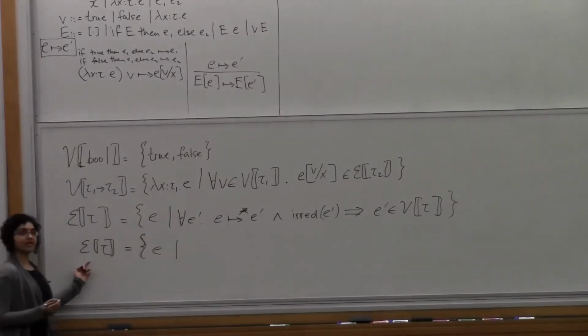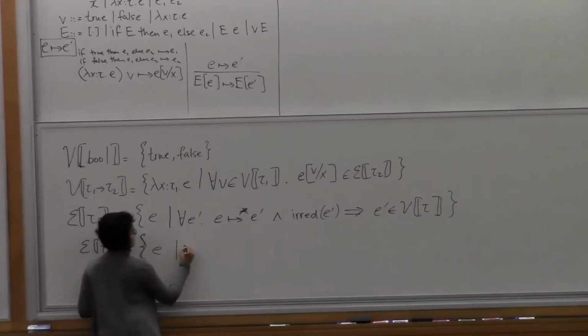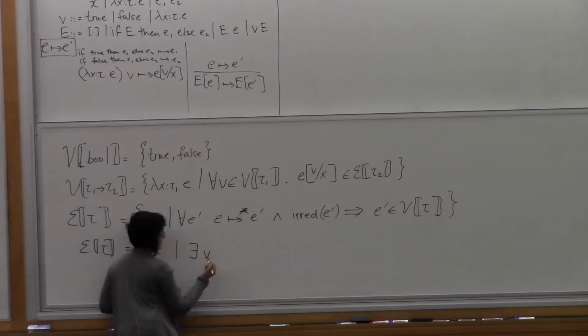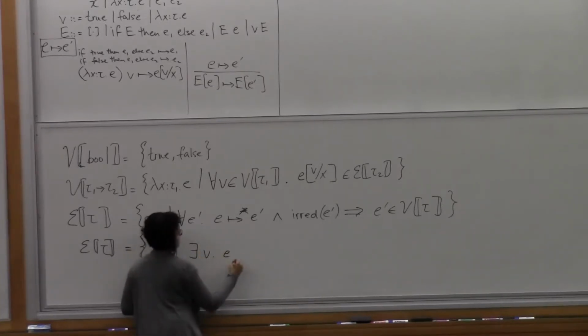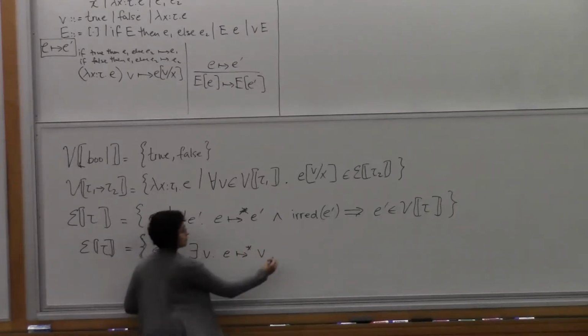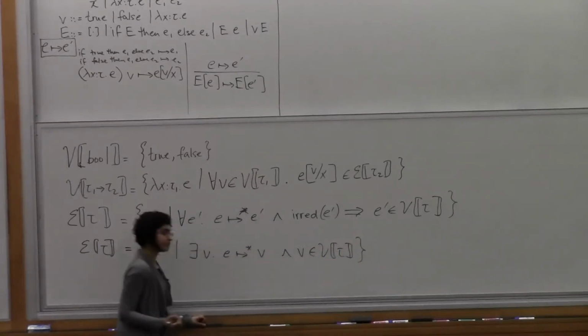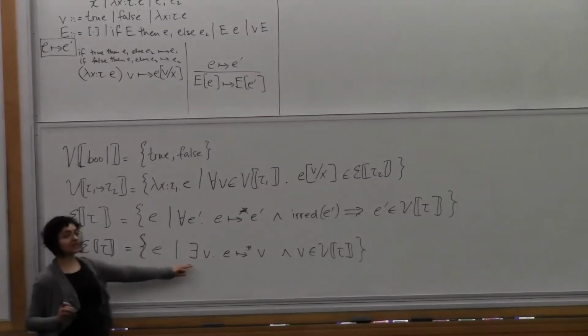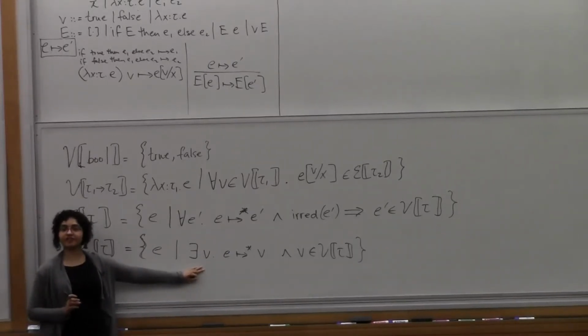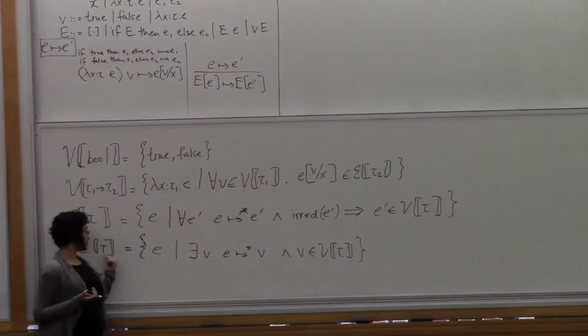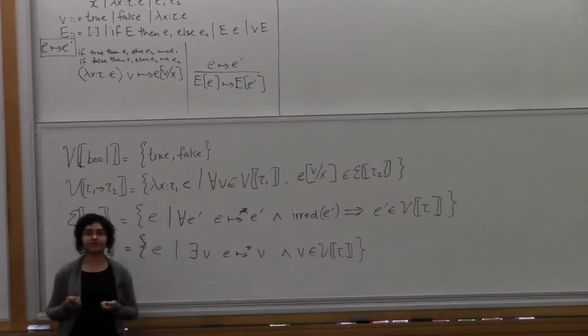Any expression E behaves like it has type tau if there exists a V such that E reduces to V in some number of steps, and V belongs to V of tau. What is this definition doing? If we go with this definition, then for us to say that an expression behaves like it has type tau, it must reduce to a value, and the value behaves like it has type tau.